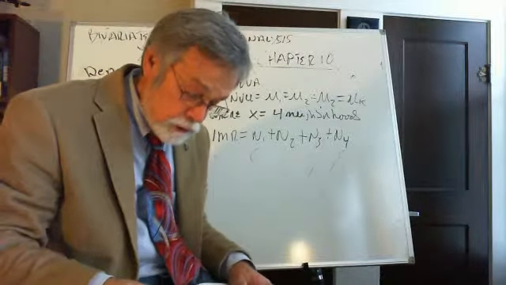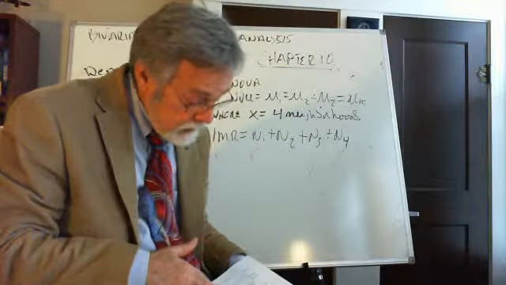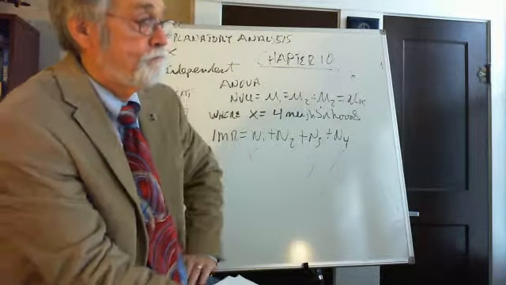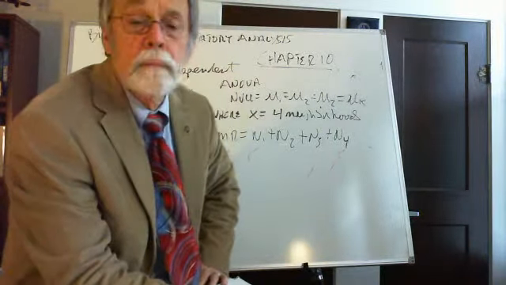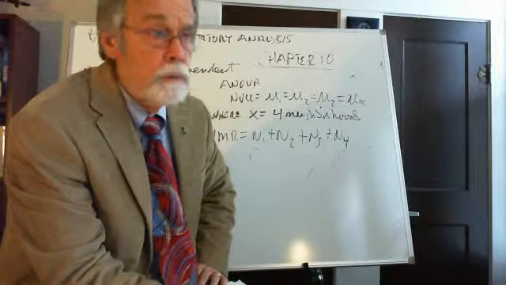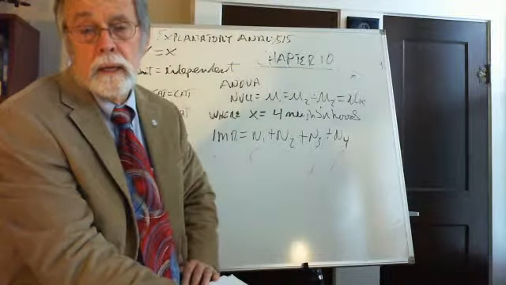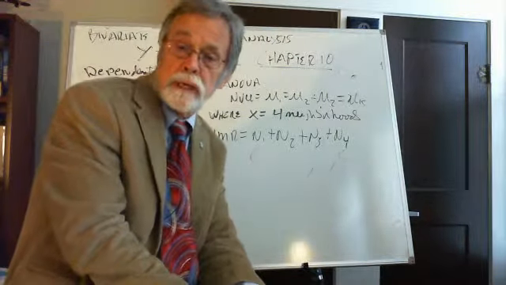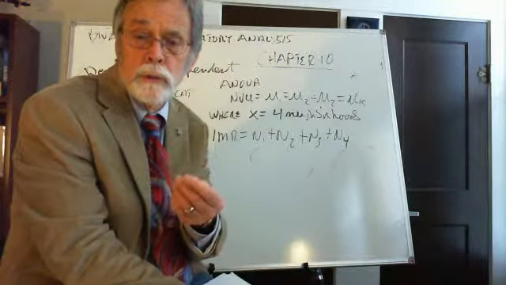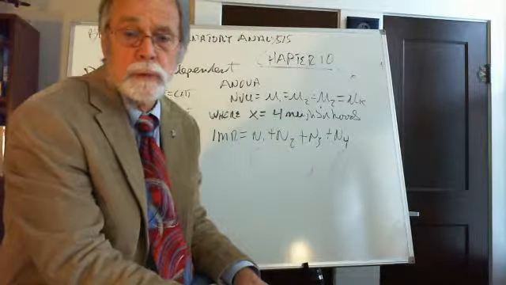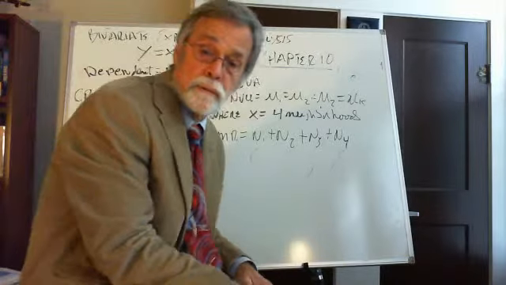I do want to point out to you formula 10.5 and 10.6, much like when we were in the t-distributions back in chapters 8 and 9, and the sample size was less than 100, we had to use degrees of freedom as a way to arrive at a critical value.